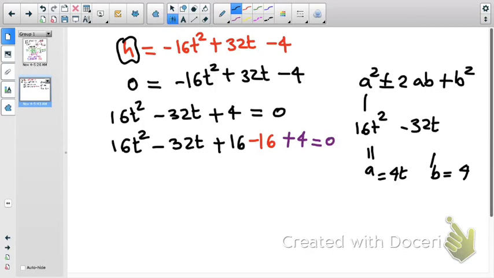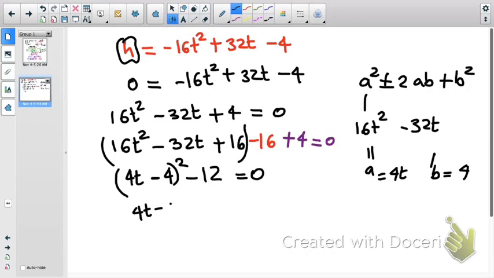Now, this here becomes 4t minus 4 squared minus 16, so that was the perfect square. So minus 16 plus 4 is minus 12, is equal to 0. Therefore, we have 4t minus 4 squared is equal to 12.